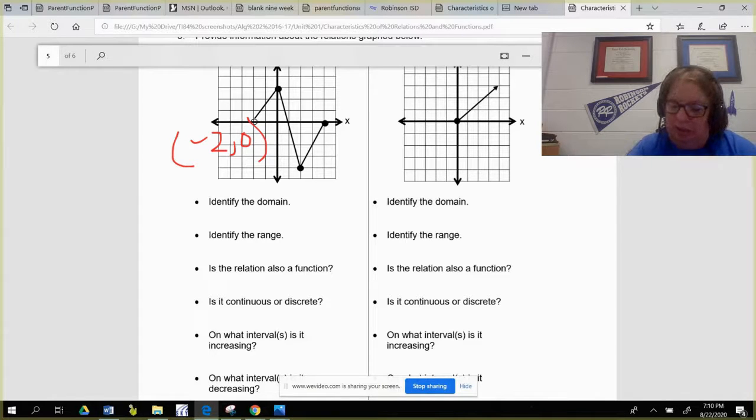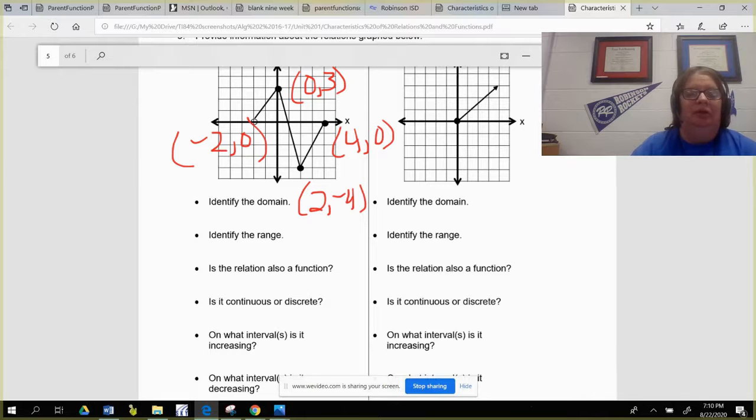Okay, and this one is 1, 2, 0, 3. And this one over here is 1, 2, 3, 4, 0. And this one down here at the bottom is 2, -1, 2, 3, 4. That's just labeling the points.